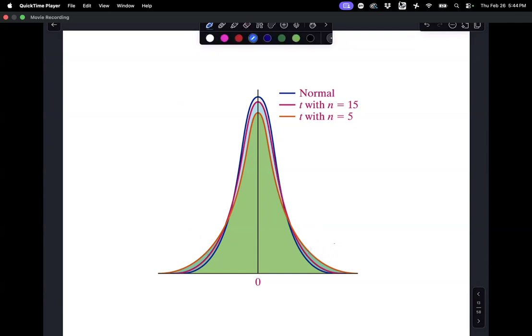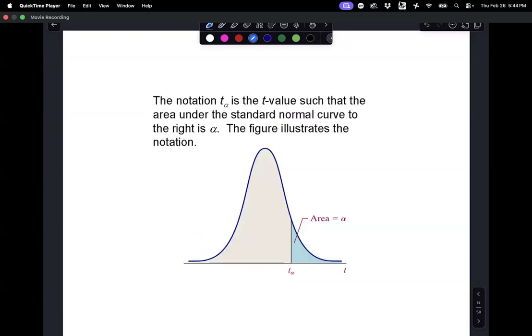I told you some of these we just whip right through because we're already on slide 14. So the notation for the t value is t sub alpha. Just like we did z sub alpha divided by 2, we're going to do t sub alpha divided by 2 for this. Also, with t values, it gives us the area to the right, whereas z gives us the area to the left.